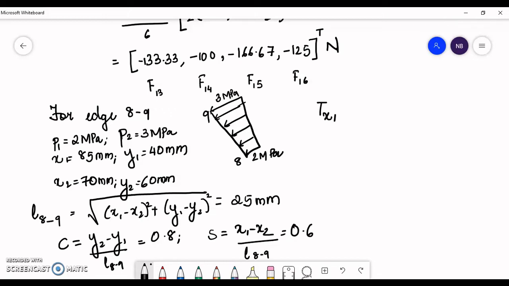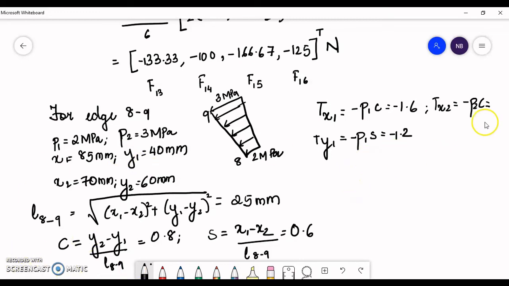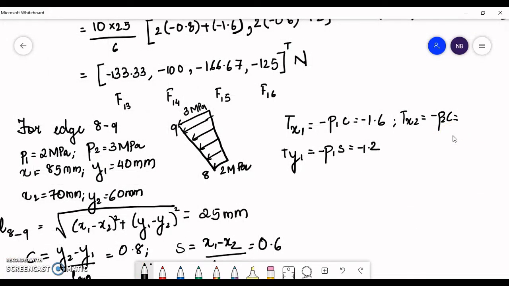Again we find out here Tx1, Ty1, Tx2, and please note here that P1 and P2 are 2 and 3 megapascals respectively. Ty2 is minus P2 into S, which is minus 1.8.